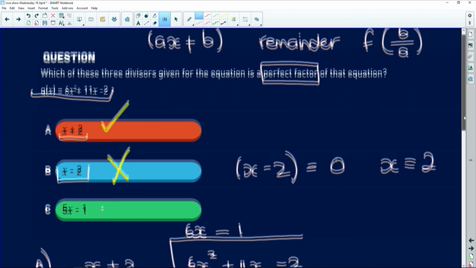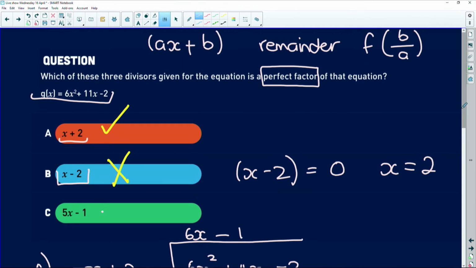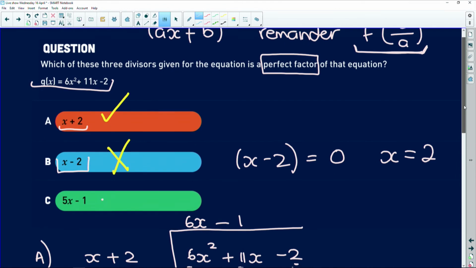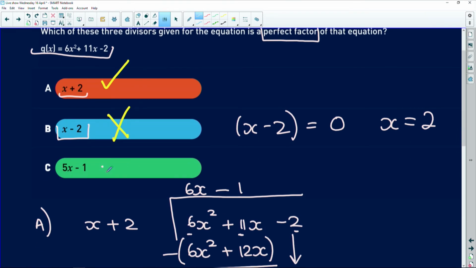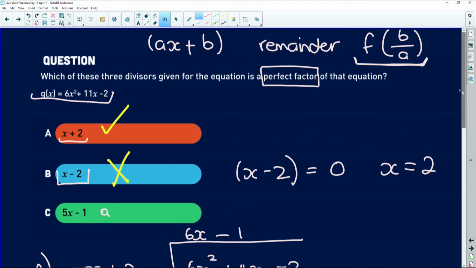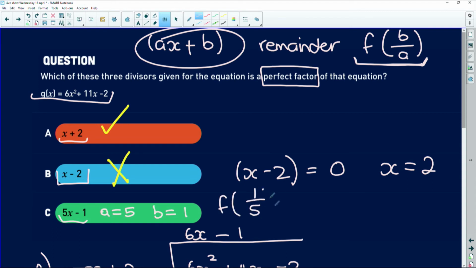Okay, so here, if I substitute this whole thing into the function that we have and I get a remainder that's not 0, it means that that is not a perfect factor. Okay, so here, if I'm looking at this format over here, guys, a equals, in this divisor, 5, and b equals 1. Okay, so we're trying to look at f of 1 over 5.